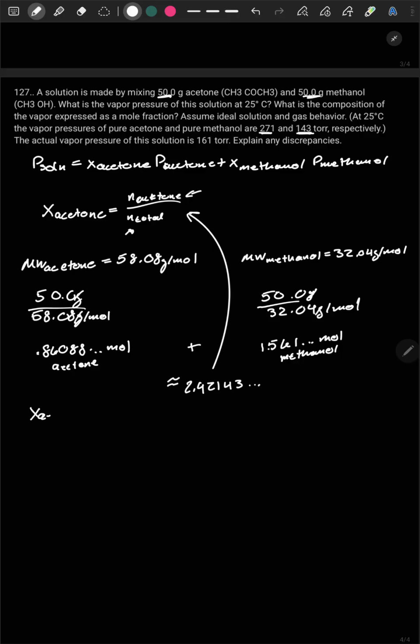So X of the acetone is equal to the moles of the acetone, which is right here, 0.86088 moles, over the total moles, which is right here. So we'll go ahead and plug this in: 2.42143 moles.